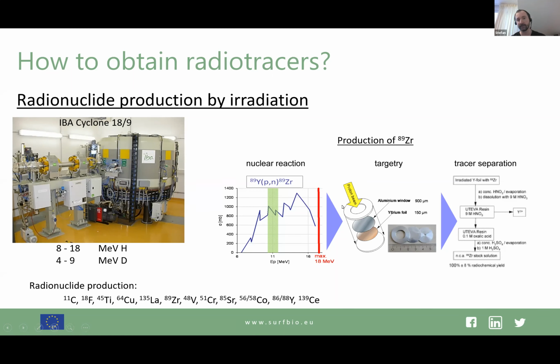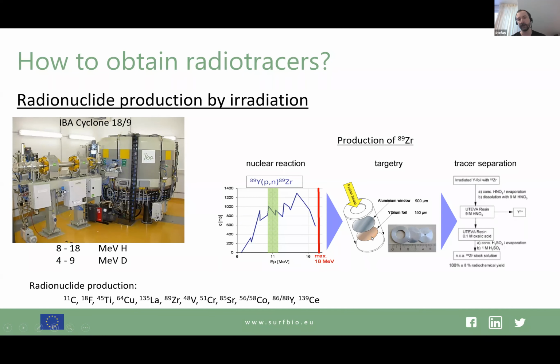Basically, it's just some aluminum casing that is clipped together with an aluminum window. This window reduces the proton energy so that we are here in this green area indicated by the green bar. And so this is basically the energy of protons that we use to induce our nuclear reaction in this yttrium foil.